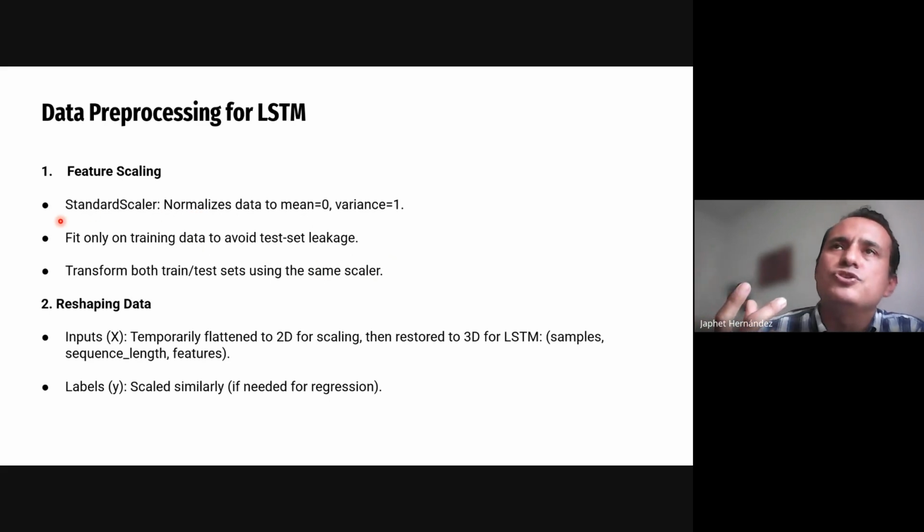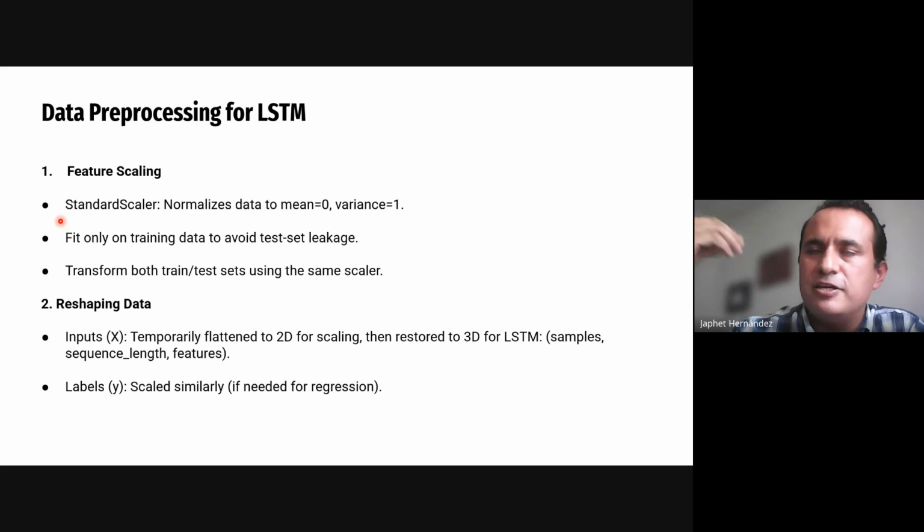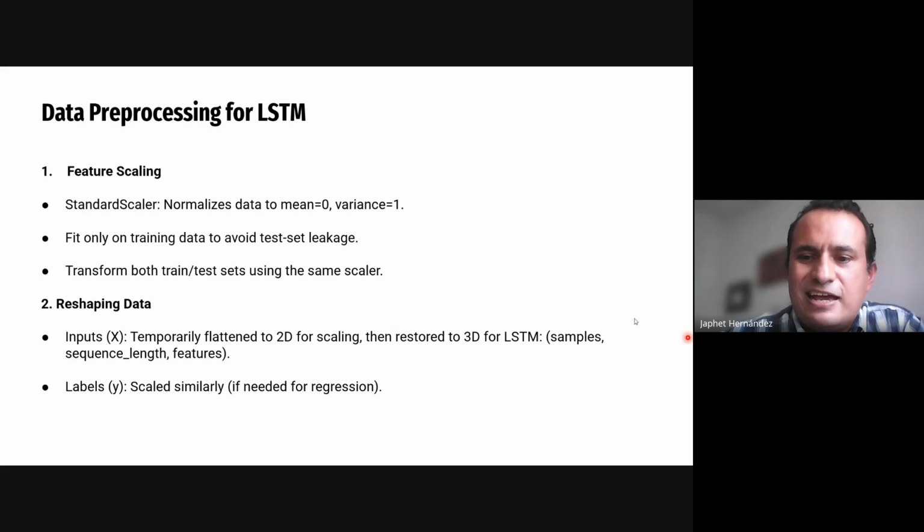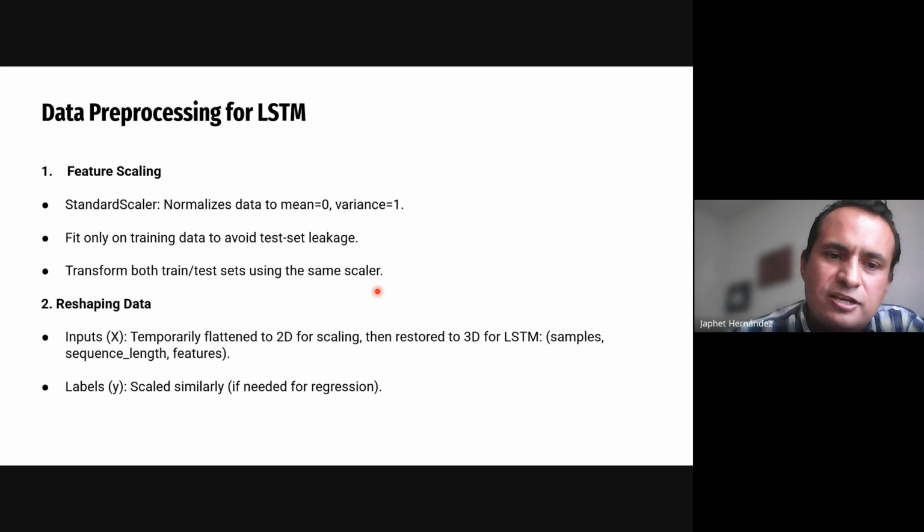We don't want the model to see the test or validation information to learn the patterns in advance. So this is a very important point that we need to take care of. Also, we transform both train and test sets, at different moments, using the same scaler. We also reshape the data, flattening it temporarily to 2D and then restoring it to the original dimensions. In a similar fashion, we also scaled the labels.